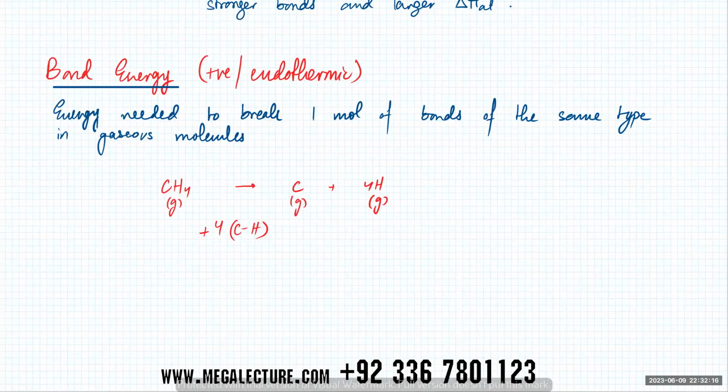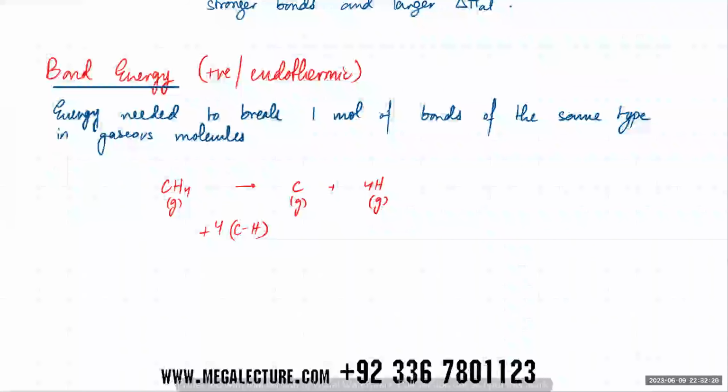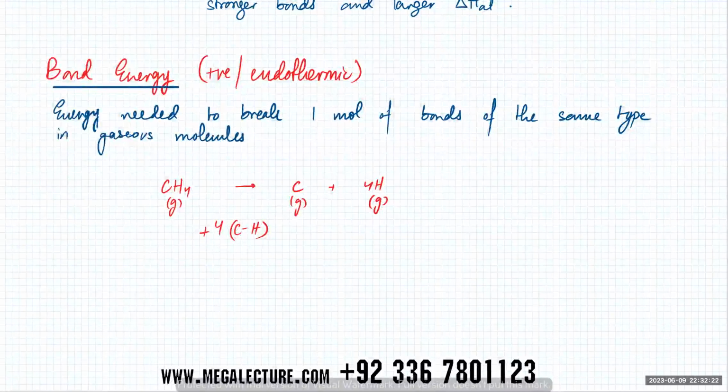And also remember that in bond enthalpy, you've got exact values. So there are two types of bond enthalpies.